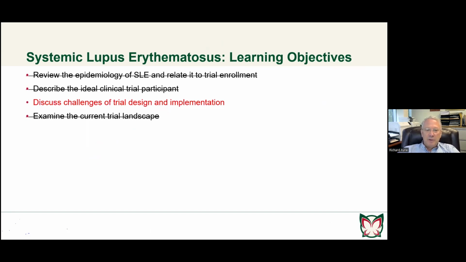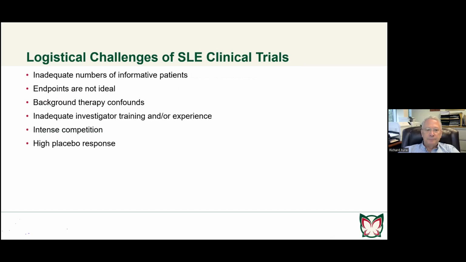All right, let's talk a little bit about trial design challenges and implementation. So as I just mentioned, there are inadequate numbers of patients and there are inadequate numbers of informative patients if one wants those SLEDAI patients of 6 or 8 or greater. Now, there's a lot of criticism about the endpoints not being ideal.